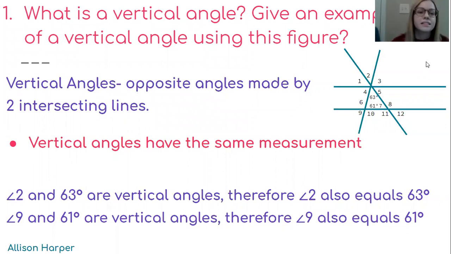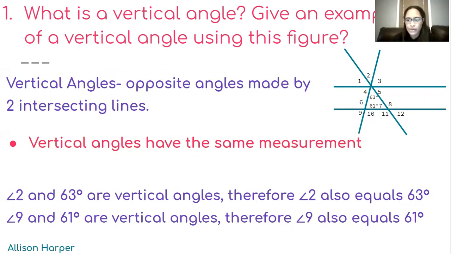Okay, Allison, can you tell me what is a vertical angle? Give an example of a vertical angle using the figure. Okay, so vertical angles are opposite angles that are made by two intersecting lines. And just as Molly said with corresponding angles, vertical angles have the same measurement as well.